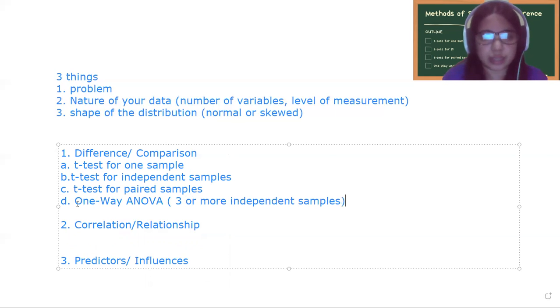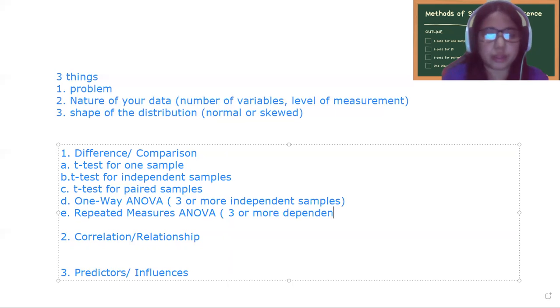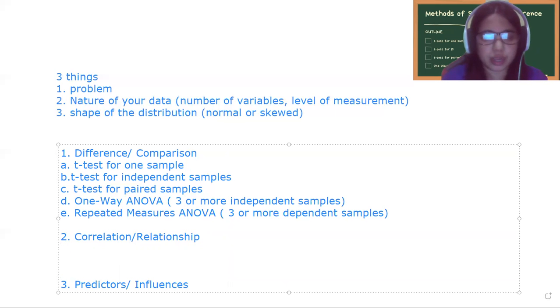While if it is a comparison of three or more dependent samples, just like the t-test for paired samples where we are comparing two, here we are going to use repeated measures ANOVA. For correlation, if again we limit it to parametric tests, we can use Pearson r.